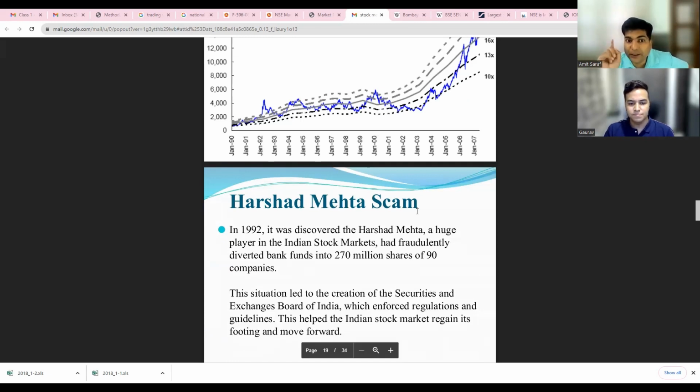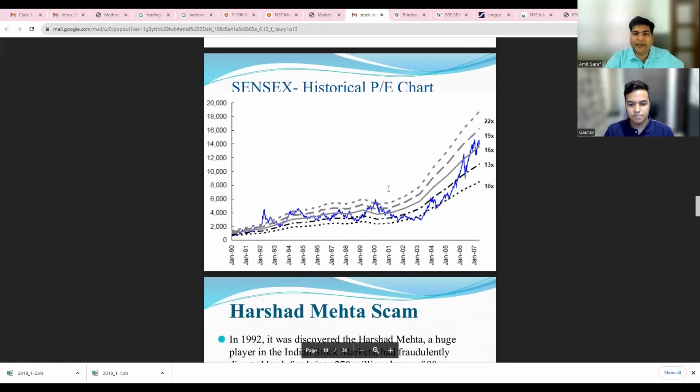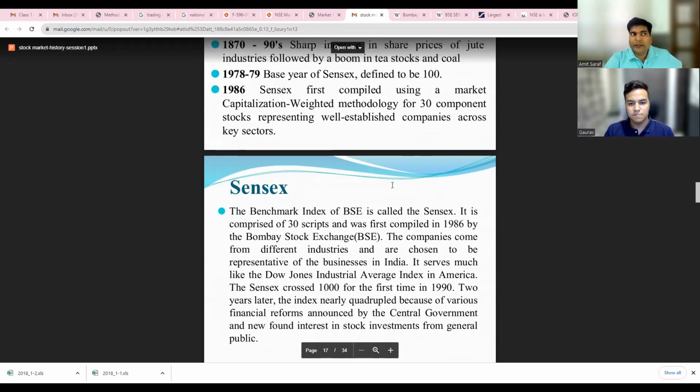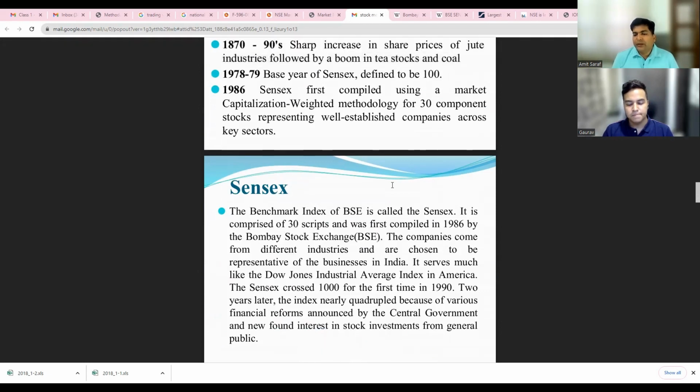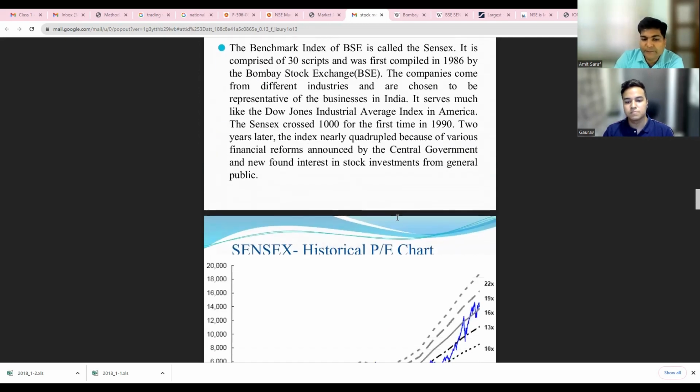So the base was 100 in 1978, and in a time span of about 45 years, Sensex has gone from 100 to 65,000. How many times is that? It's gone 650 times. So this is the kind of growth in the Indian corporate sector that we have seen.